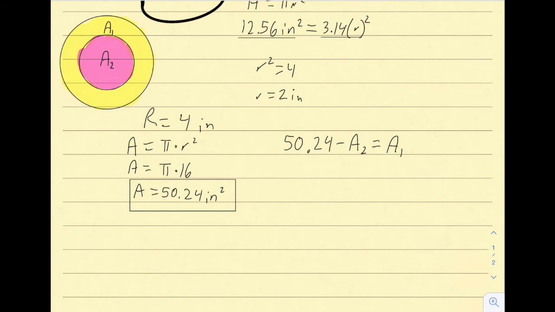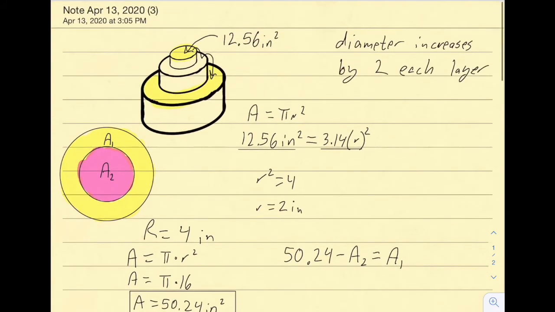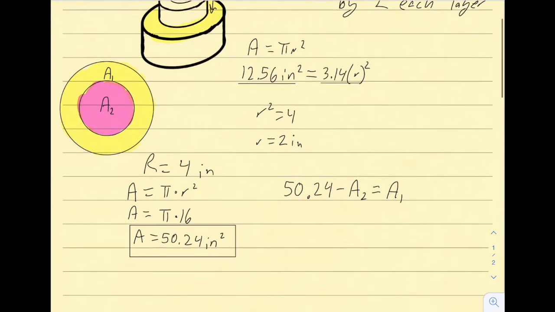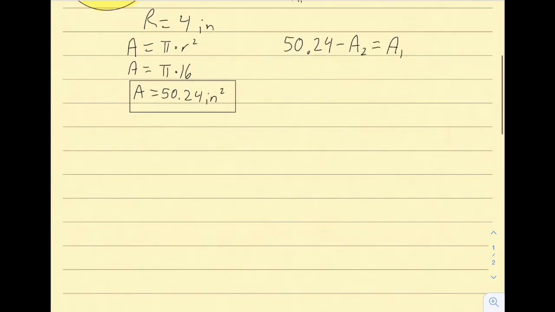I don't know what A2 is yet, but I do know from up here that my radius was 2 right here, and I added 1. So my radius should be 3. So it's going to be 50.24 minus pi times 3 squared will give me A1.